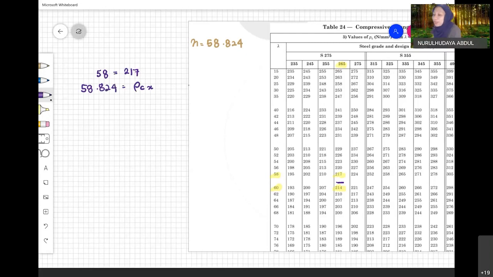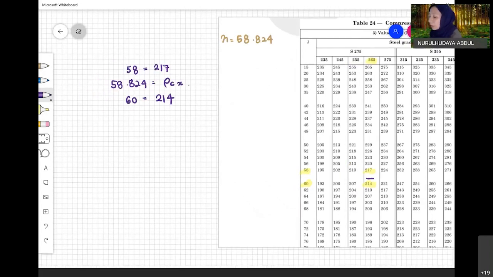Cakap you tahu tu apa. And then we have like 60 equal to 214. I lebih, sorry I mesti explain semalam, I lagi suka macam 58.824 minus 58, compared to I buat 58.824 tolak 60. Dia macam jadi menyusahkan I untuk mengira sebab I kena tekan calculate.